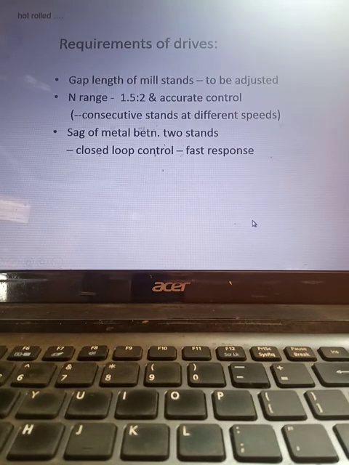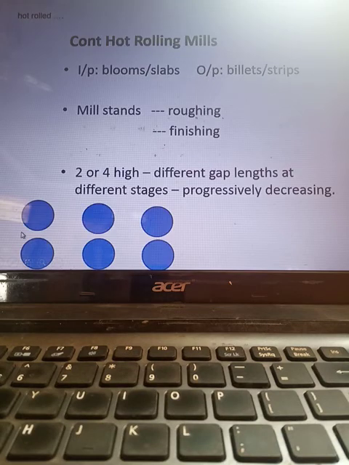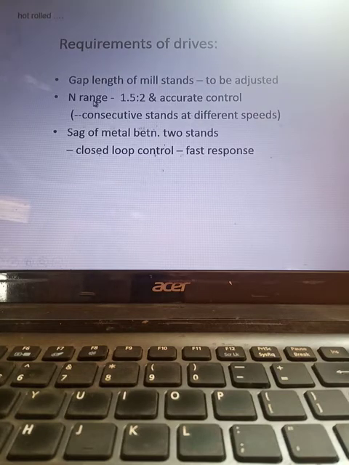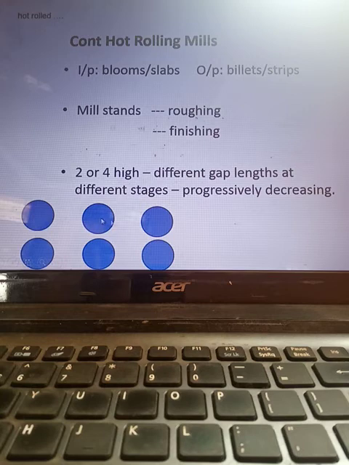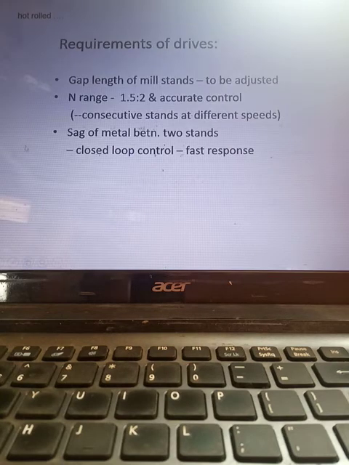Okay. Now, the requirements of these drives: the gap length of the mill stand needs to be adjusted. That means this gap needs to be adjusted. And then the speed range required is large, about 1.5 to 2, and accuracy required is also more, and consecutive stands run at different speeds. That's to be kept in mind. These rolls run at different speeds, and when the continuous movement is there, in between the stands there can be sagging of metal.